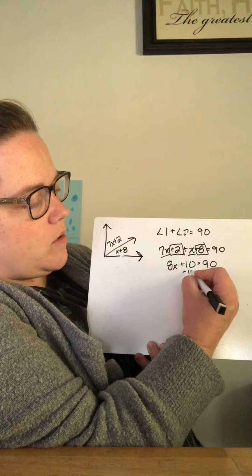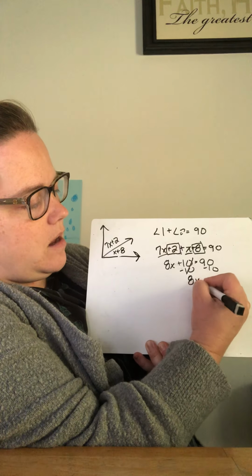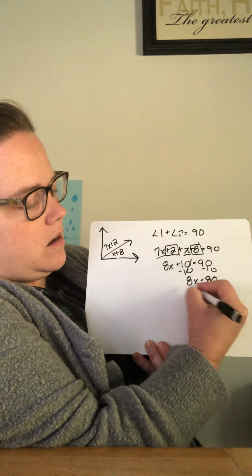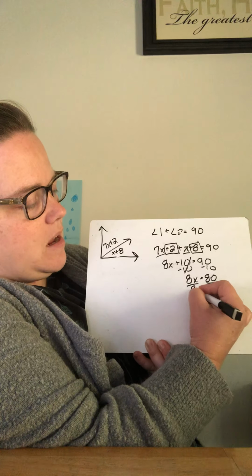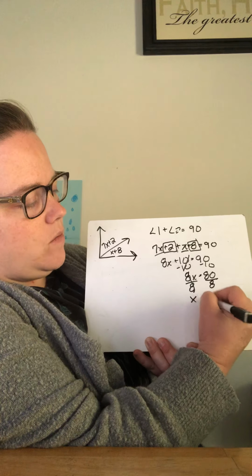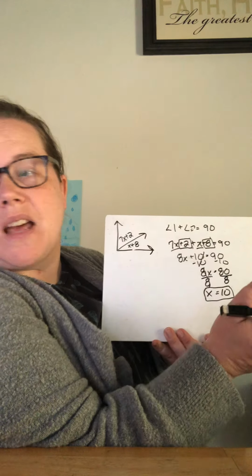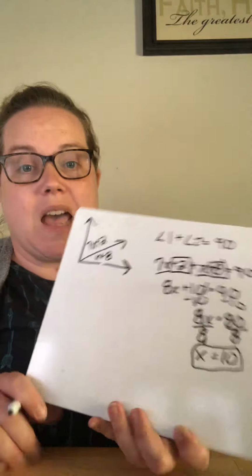So I'm going to subtract my constant, 8x equals 80 and divide each side by 8. So then I'm left with x equals 10. Okay? And that's it, because that just says determine the value of x.